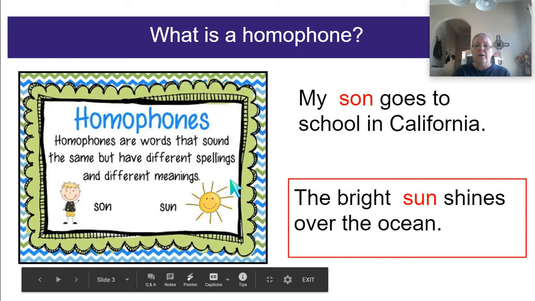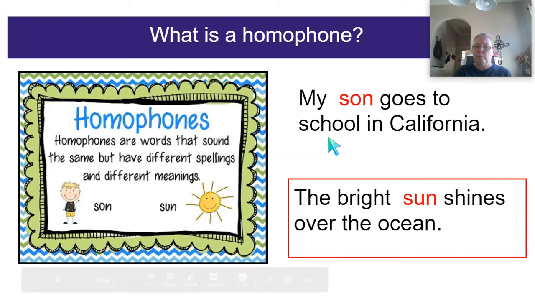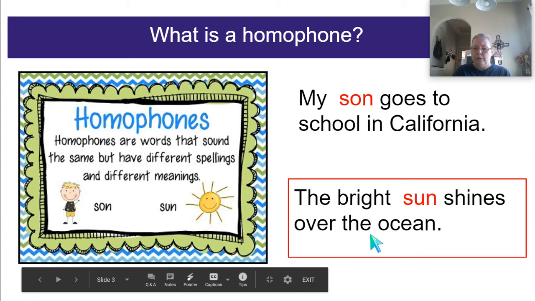Okay? So the sentences we used were: my son with an O goes to school in California. And in the second example, it was sun with a U: the bright sun shines over the ocean.